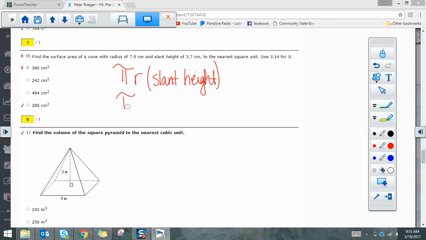So you're going to do pi times 7.9 times 3.7. And again, they want you using 3.14 for pi here. So 3.14 times 7.9 times 3.7.